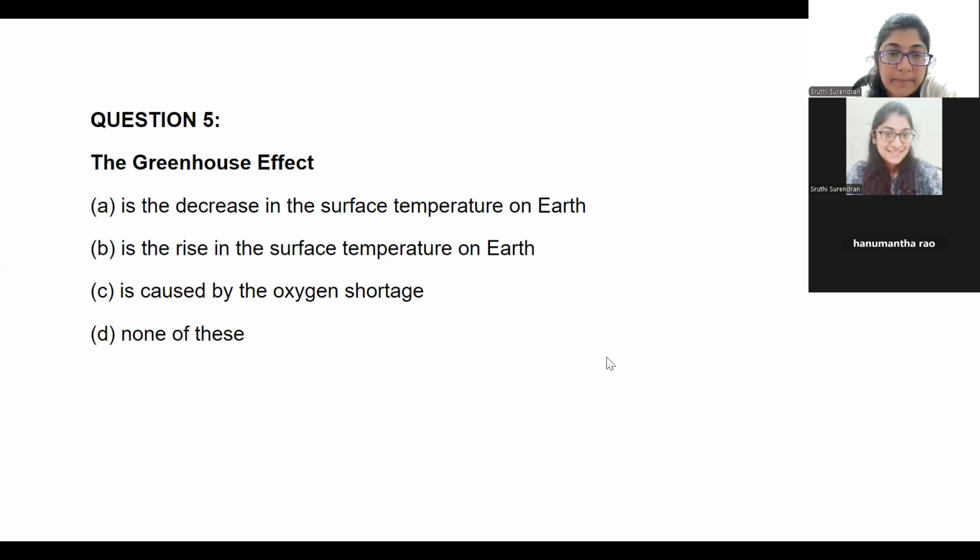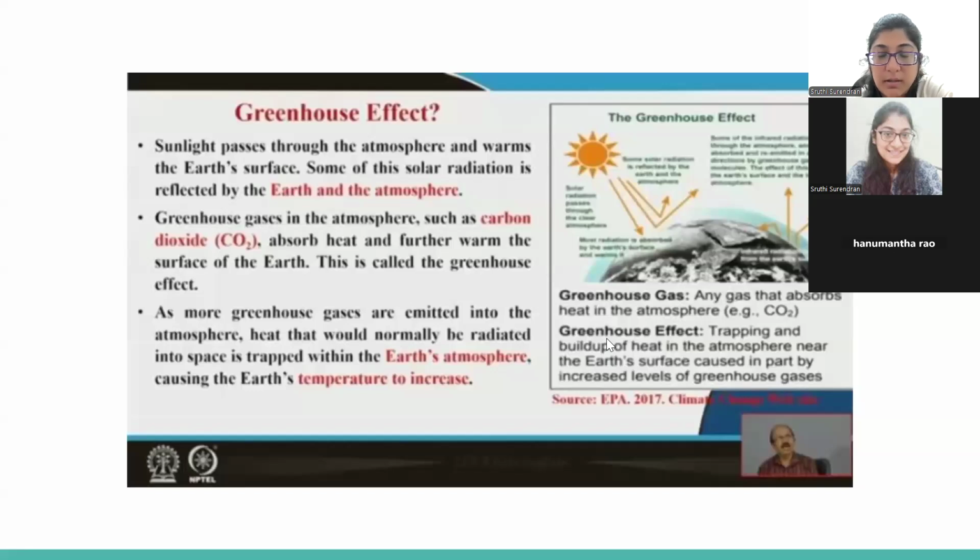We talked about it. So what is the greenhouse effect? It is the absorption, the retaining of greenhouse gases like carbon dioxide, water vapor, nitrous oxides, methane. All of these are contributing to maintain the temperature of the Earth so that life is possible on Earth. If there's no greenhouse effect, then all of the water is going to become ice and life will not be possible on it.